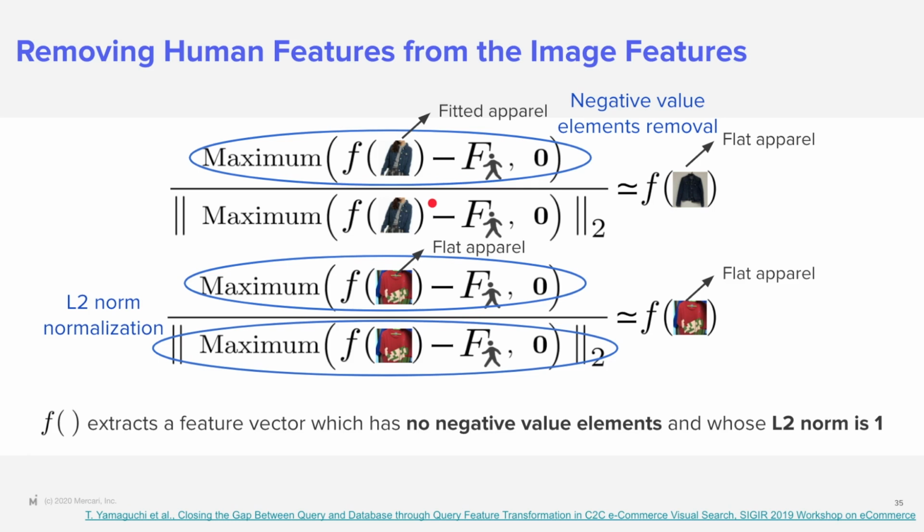Since the original feature vector doesn't have negative value elements, negative value elements are replaced with 0 after the subtraction. And the L2 norm of the original vector is 1. L2 norm normalization is also performed so that the scales of the left side and the right side are the same.